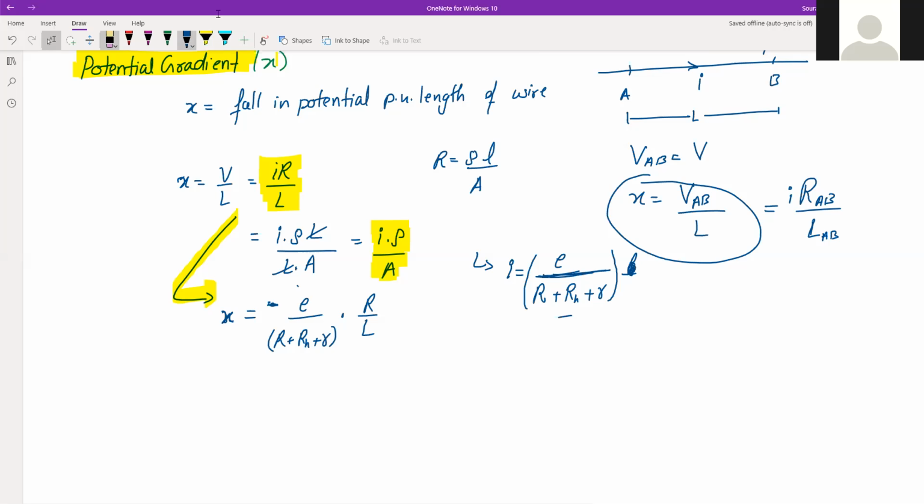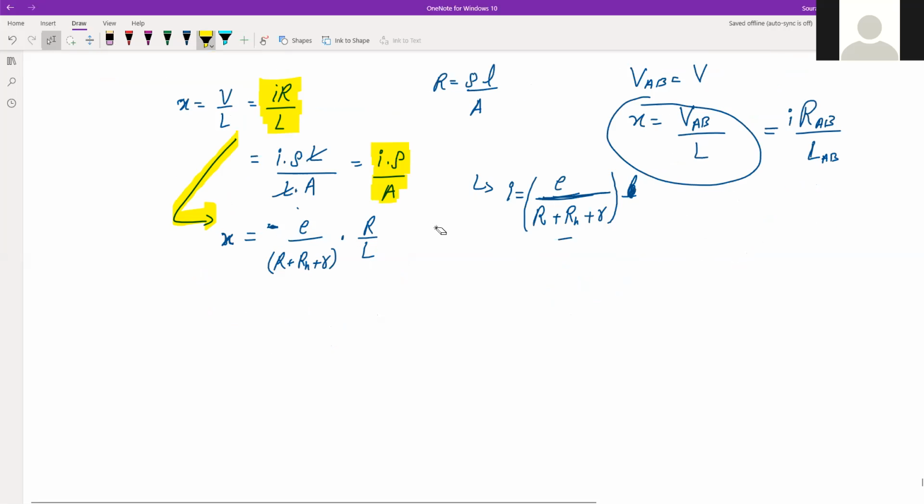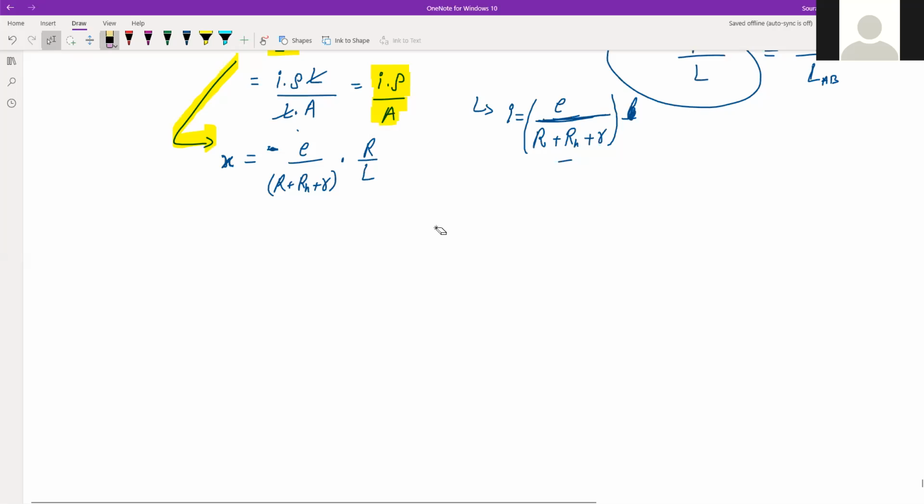So now let's move to the next part. We have already seen the potential gradient. If we now study this potential gradient in a little more detail, we know what potential gradient is, but it depends on a few things.